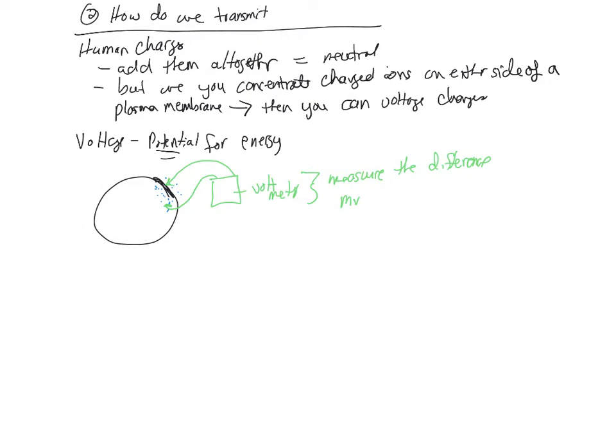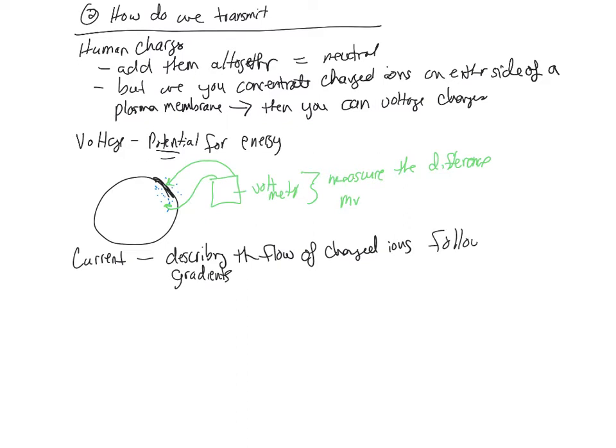Current. What is current? Current is describing the flow of charged ions from one spot to the next. The higher the voltage, the higher the current, because it's going to follow its concentration gradient, from high charge to low charge.